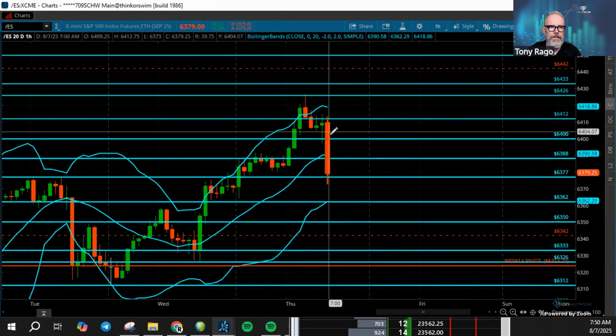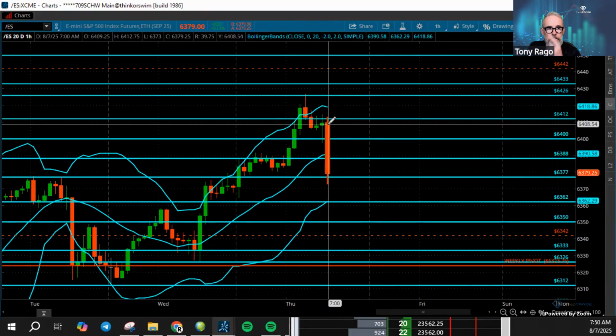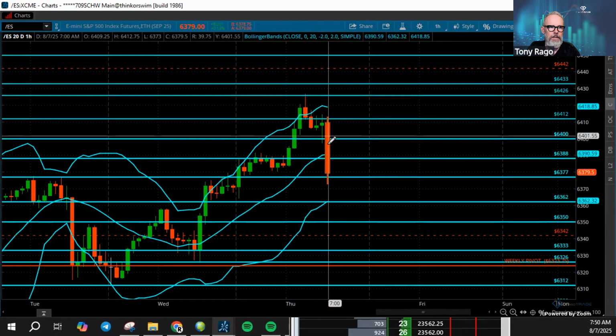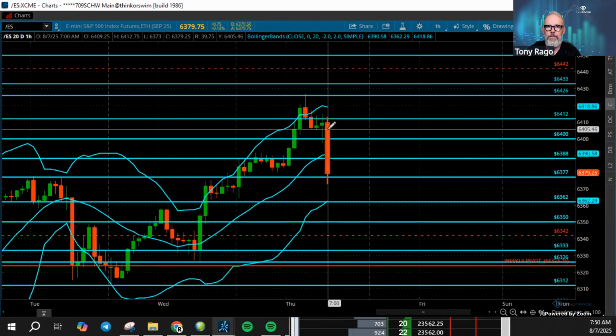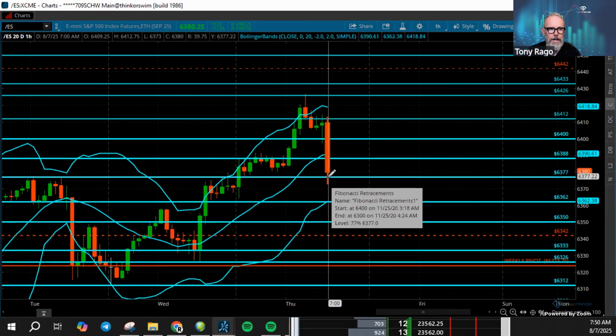It's a big, nasty outside bar on the hourly. Not quite outside, but that's a big hourly bar for the ES. They're doing their job in terms of defending the 77.